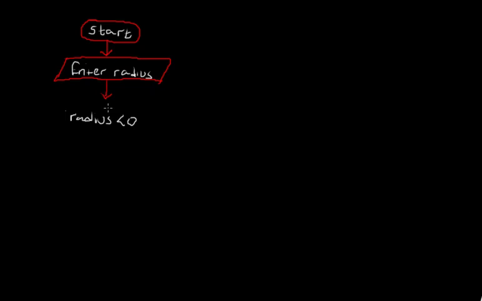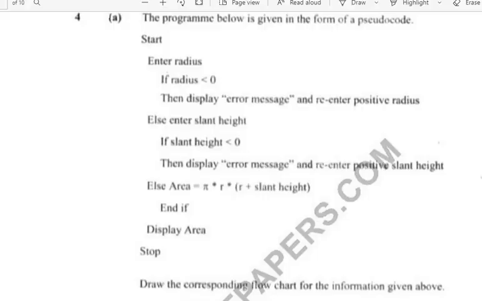We'll have a shape that looks something like this. We have something like that, radius less than 0. And what follows after that? This is an if or else statement, so it's a condition. If radius is less than 0, then display error message and re-enter positive radius.